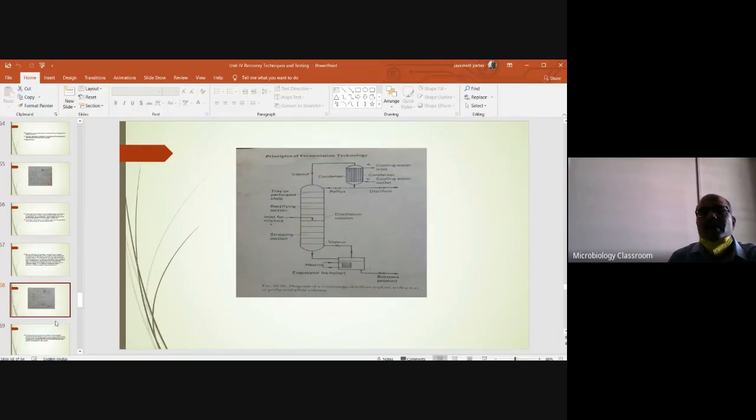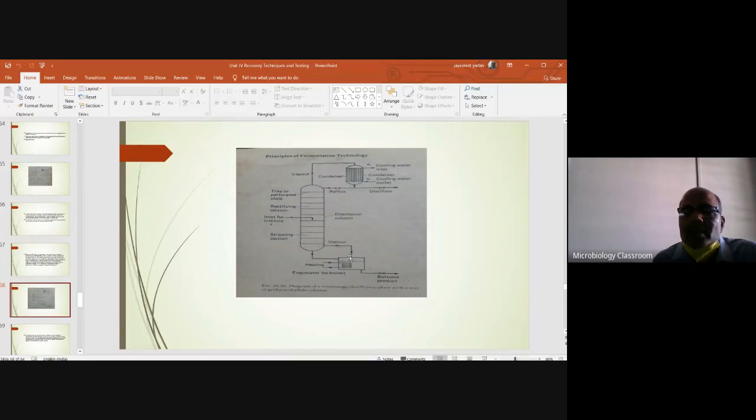Here you will find the diagrammatic depiction of a continuous distillation system. In the evaporator or reboiler, heating is carried out, and from it comes the bottom product, which is the raffinate.